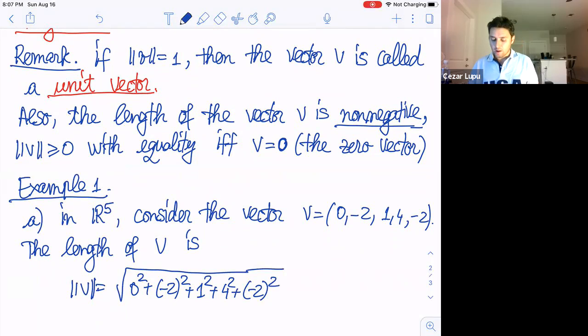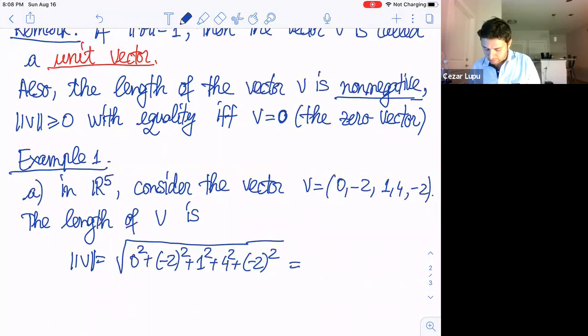This computation gives the square root of 25, which is fine. In other words, this is a vector of length 5.